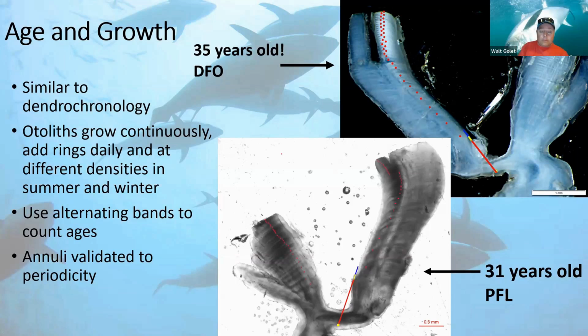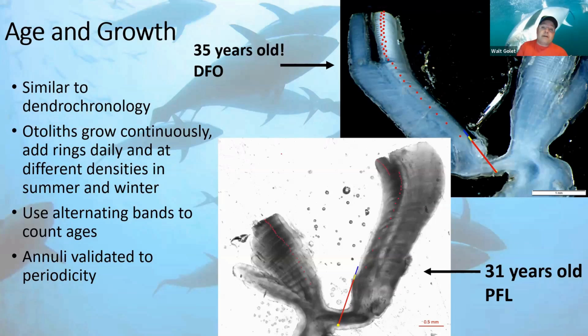So these otoliths are accreting material every day, and the rate of accretion changes seasonally, and that's why you get those contrasts, because you have what equates to a summer band and then what would equate to a winter band, and you use those alternating bands to basically establish or estimate what an age is.